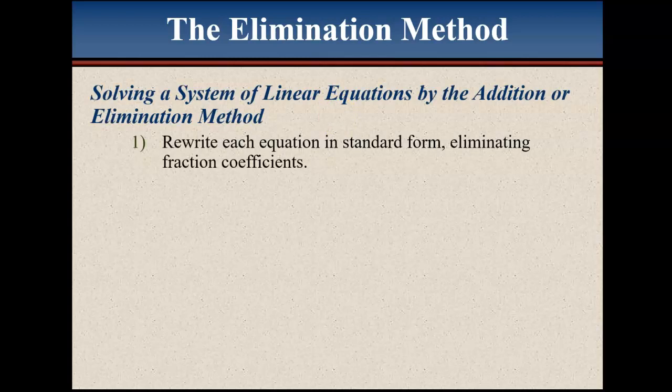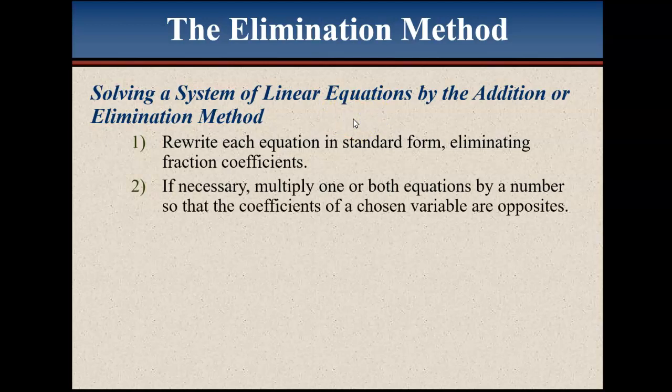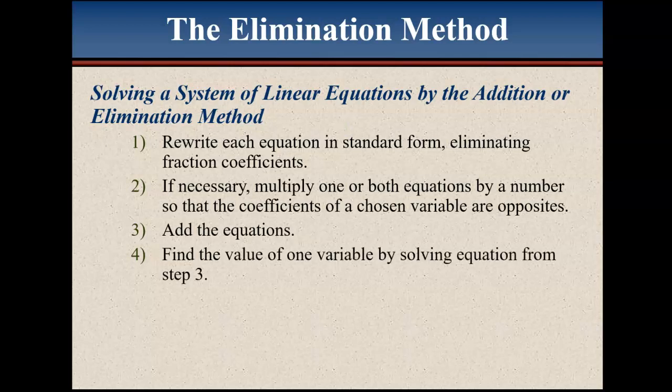So here we go, steps for elimination. First one, rewrite the equations in standard form. That means x and y are to the left and the constants to the right, so it equals the constant. Okay, and now we want to multiply if necessary to eliminate coefficients. So we want the coefficients to be opposite of each other. So one has to be positive, one has to be negative. So when you add the equations, one of the variables will go away.